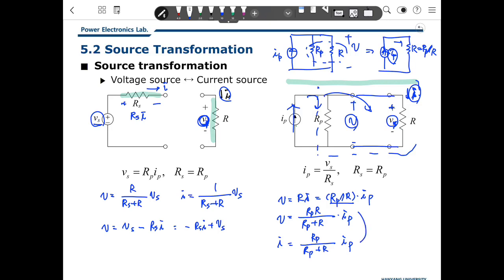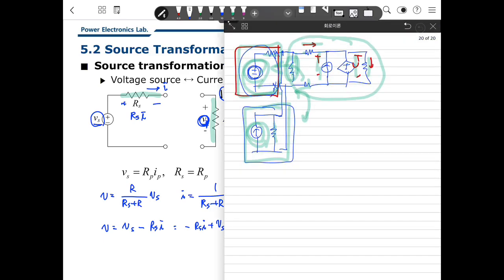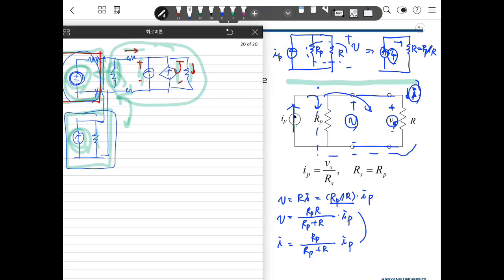So we add this. V, I will use that here.